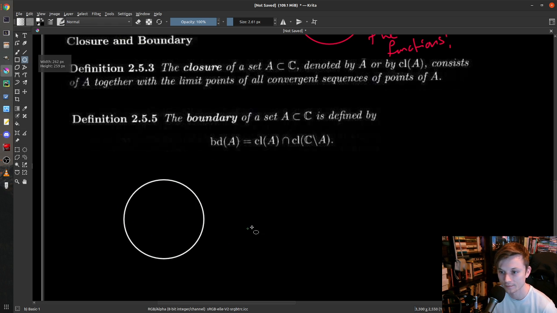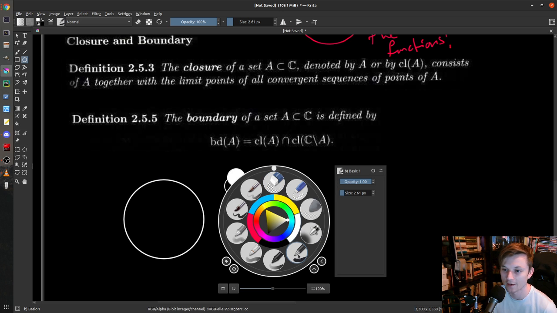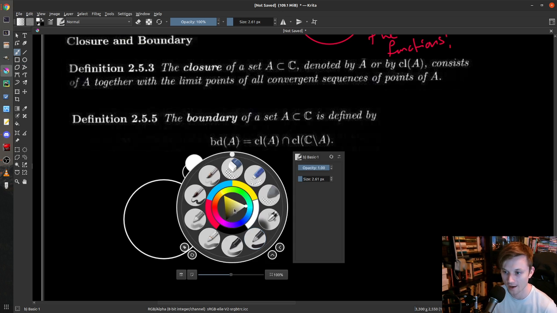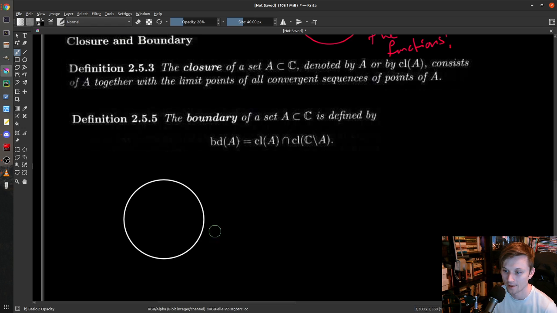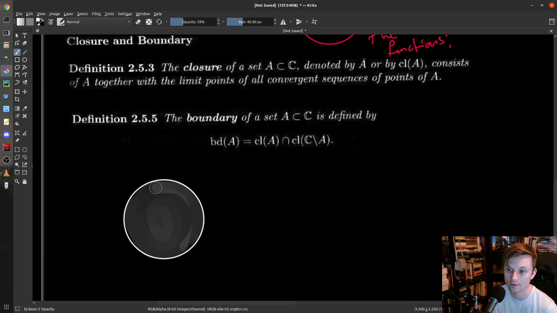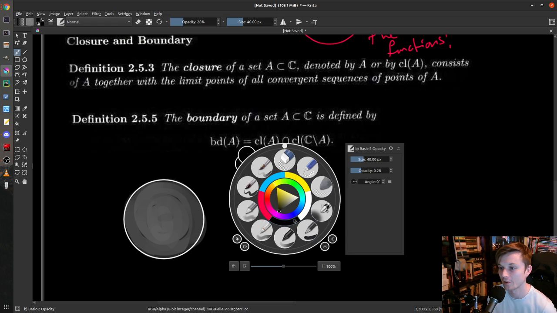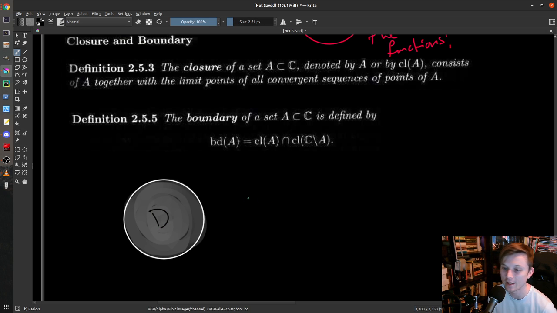Say you've got a disk. Here's your disk. I'm just trying to shade it in. Let's call this disk D. What you've got is that this edge is the boundary.